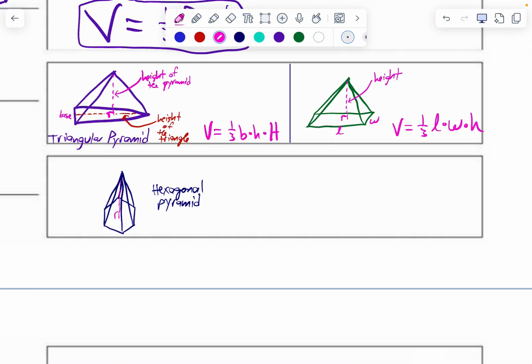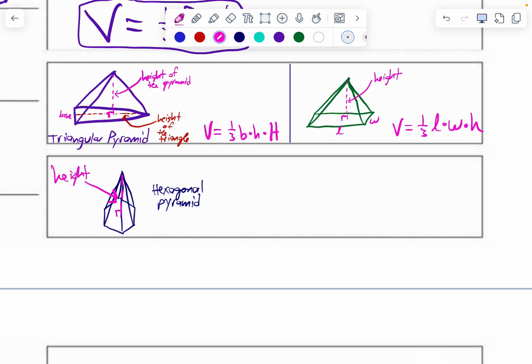My pink line is the height, which gets lost in all of this. What else do we need to know besides the height? How do you find the area of a hexagon? Well, look it up.